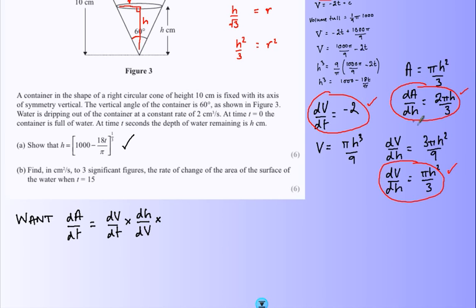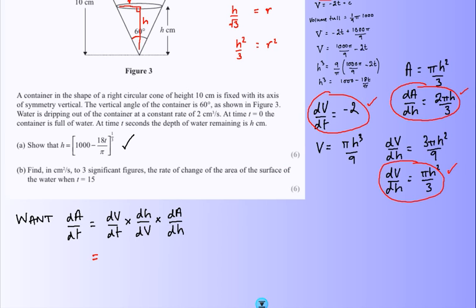And the only one I've got left is this one, which conveniently gives me the dA and will cancel out the dh. So if we look at that thing, we'll notice that the dV's cancel, the dh's cancel, and dA/dt is left. That's what I want, which means that I should be able to use those three and get what I need.